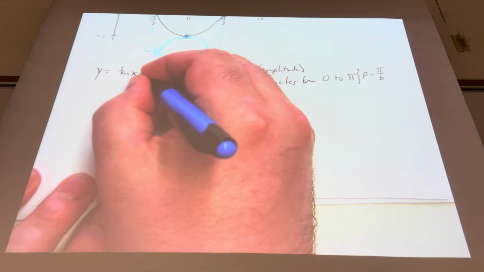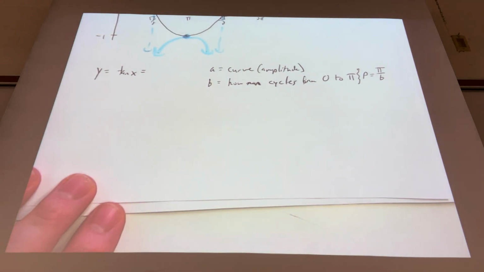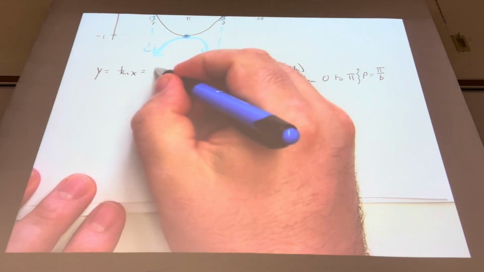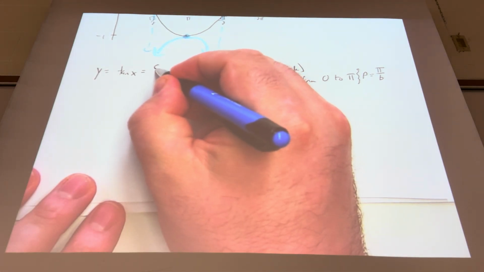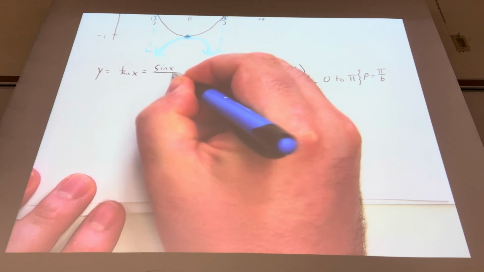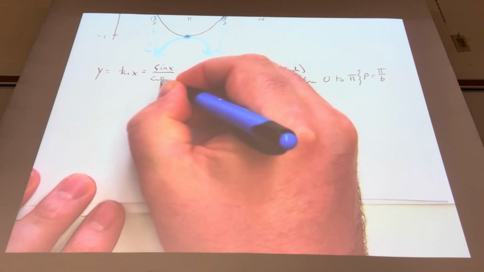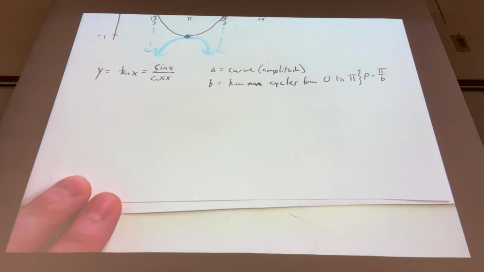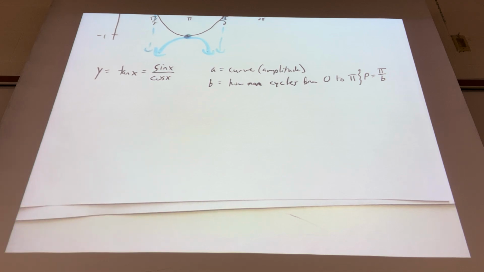Now, so you're well aware, I am going to make a disaster on this graph. We'll relate the relationship that we've already talked about, that tangent is sine divided by cosine.